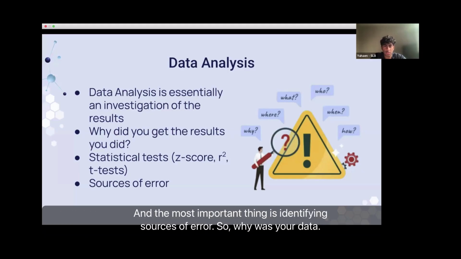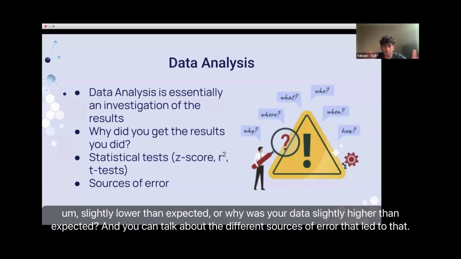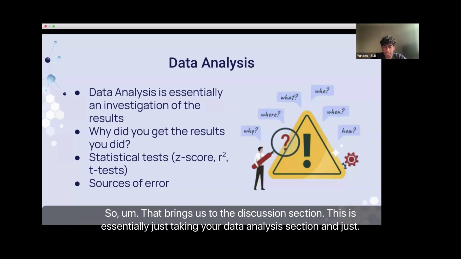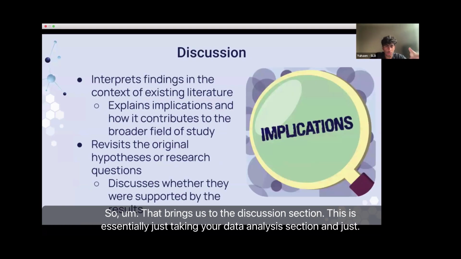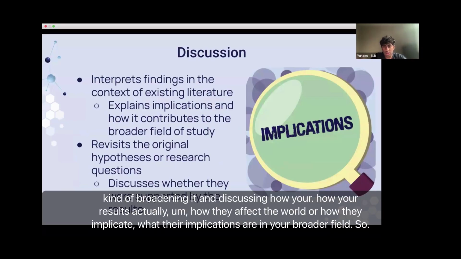And the most important thing is identifying sources of error. So why was your data slightly lower than expected, or why was your data slightly higher than expected? And you can talk about the different sources of error that led to that. So that brings us to the discussion section. This is essentially just taking your data analysis section and broadening it, discussing how your results affect the world, or what their implications are in your broader field.